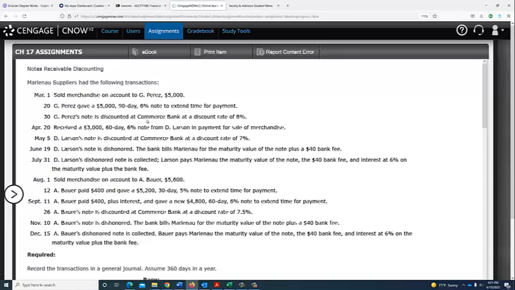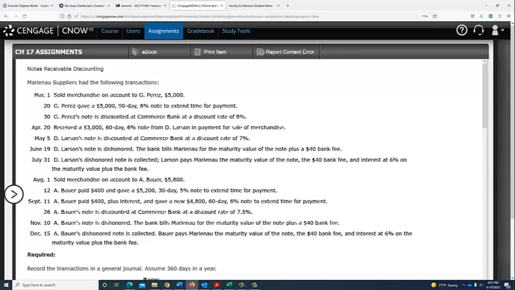The discount days, remember, are the days remaining on the note. So the note originated on the 20th, we discounted it on the 30th, so 10 days have passed, and if we subtract the 10 days from the term of the note, that means 80 days remain. So our discount days are 80.